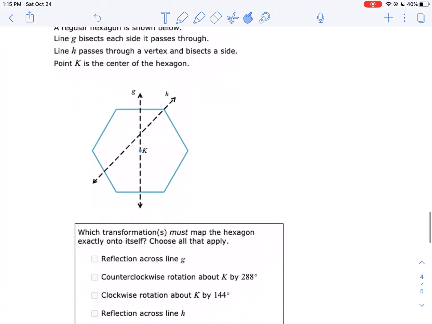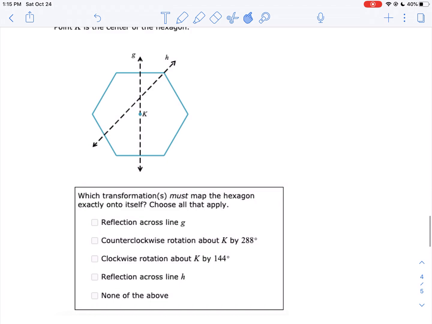Let's take a look at this hexagon. If I reflect it across line G, and once again, every point is horizontally the same distance from that line, so that one we will. How about a rotation? Well, there are 6 points on this hexagon, so I'm going to take 360 and divide it by 6, which is 60 degrees.